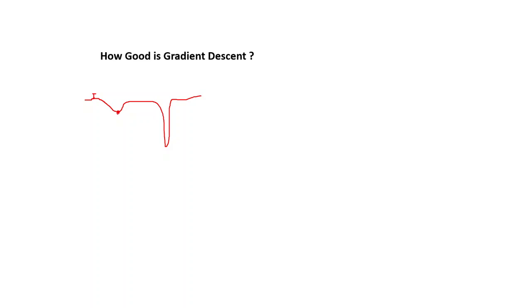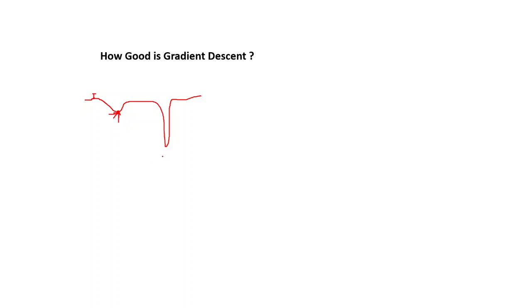At this point, when the function tries to reach here, it will be seen that the function is increasing. But our intention is to minimize the function. So now your gradient descent might, or actually will, return this value as the minimum point of the error function.